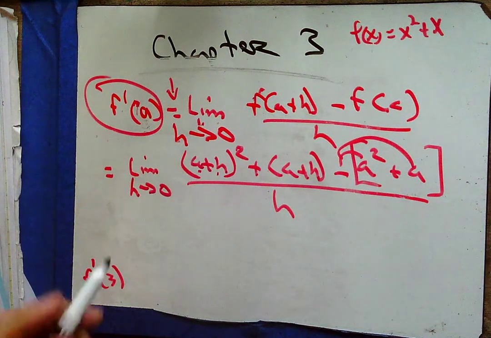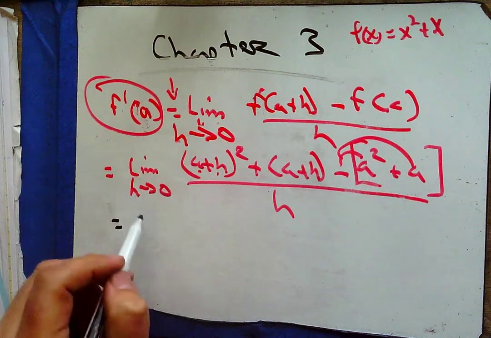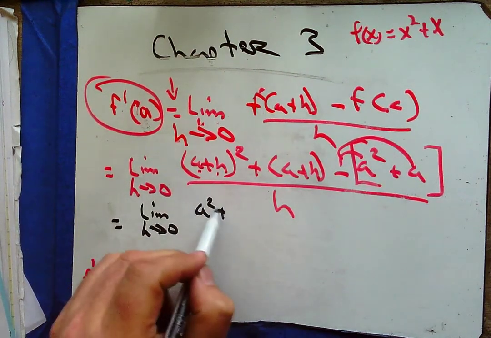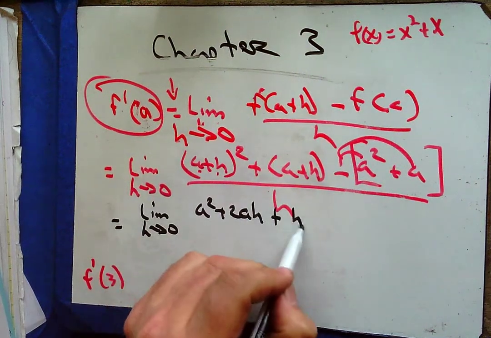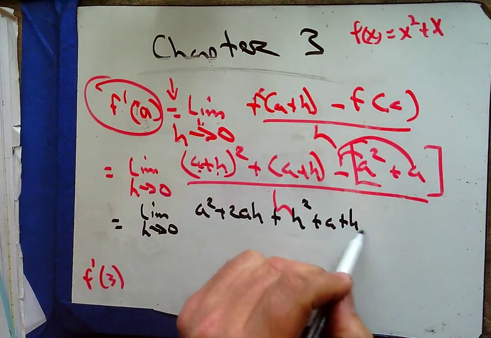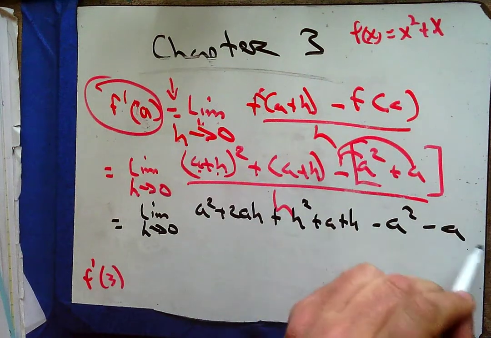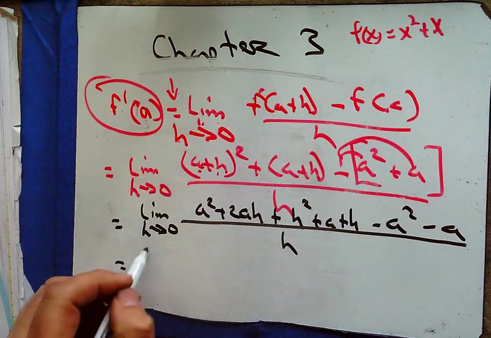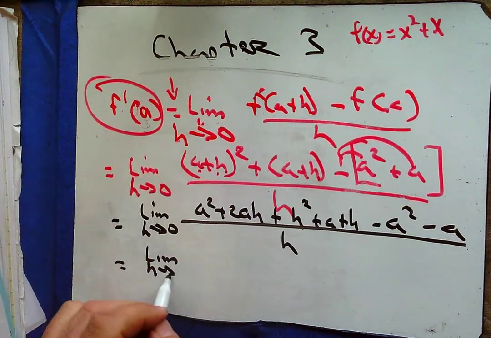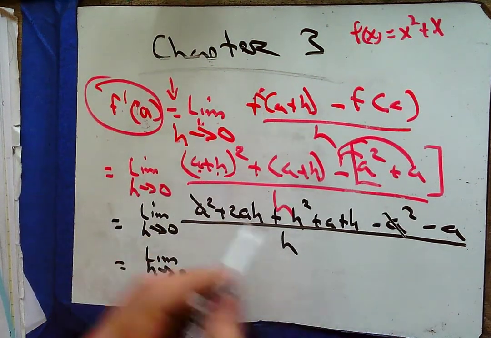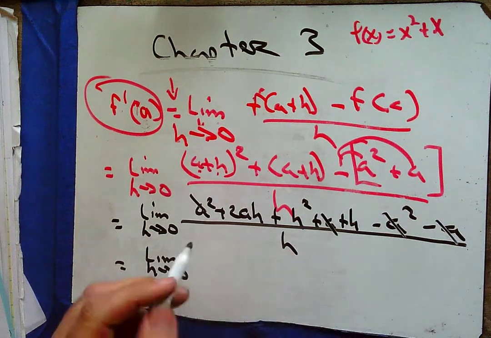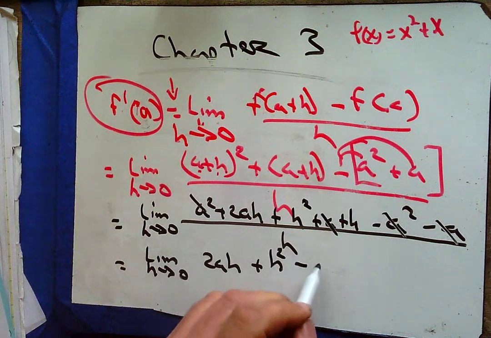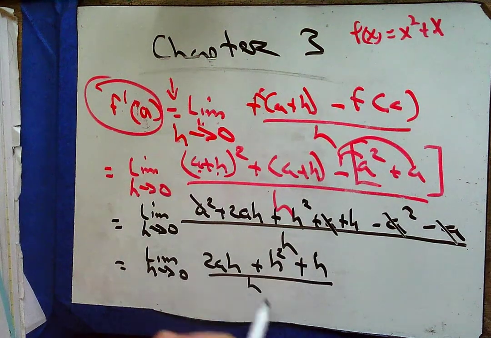Hey, welcome back. So, did you do the limit as h heads to 0 of a squared plus 2ah plus h squared plus a plus h minus a squared minus a all over h? And then did you say that's going to be the limit as h heads to 0 of the a squareds cancel and the a to the firsts cancel? So we have 2ah plus h squared plus h over h.